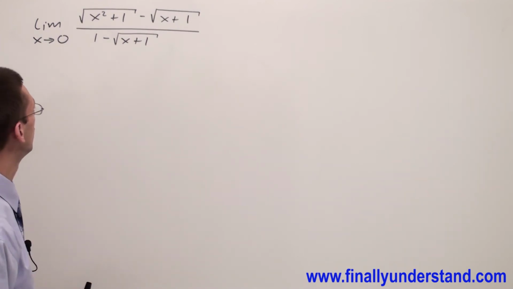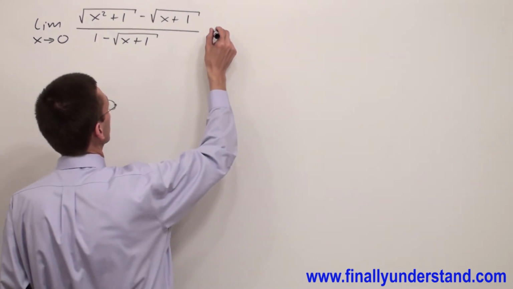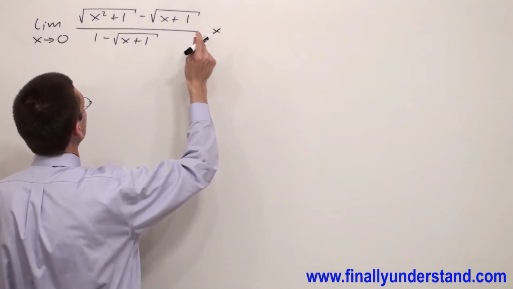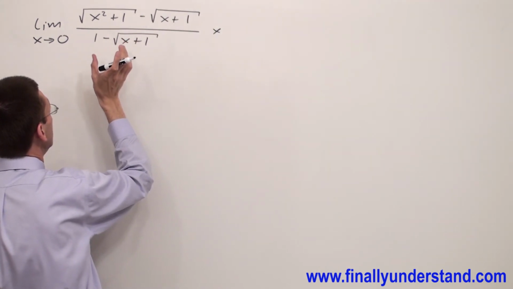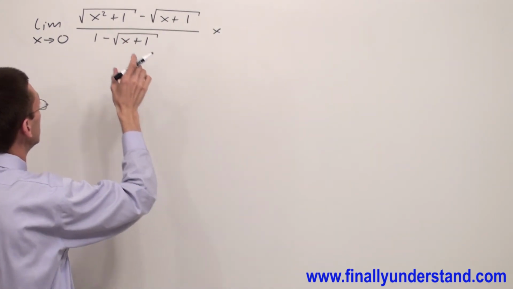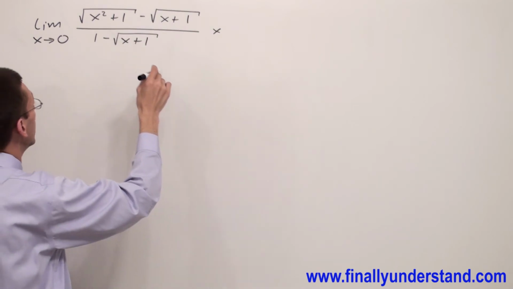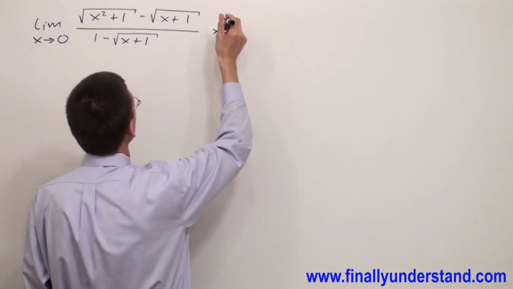How can I do so? By multiplying everything by the conjugate of the numerator and the conjugate of the denominator, because we want to eliminate the square roots. We want to eliminate the radicals.